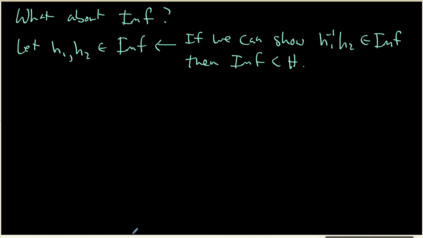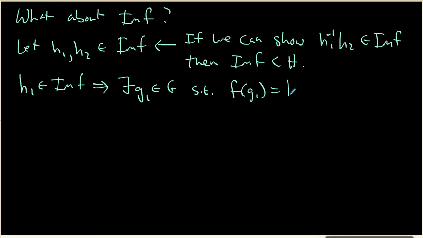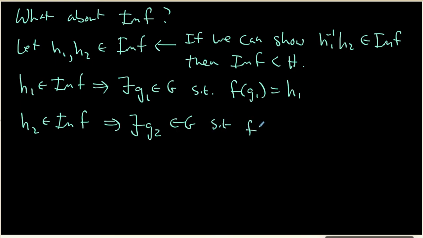Now, again I want to think about what this hypothesis that h1 and h2 are inside the image of f buys me. And again, it turns out that hypothesis is going to buy me quite a bit. h1 inside the image of f says there exists some g1 inside G such that f of g1 is equal to h1. And h2 inside the image of f says there exists a g2 inside capital G such that f of g2 is equal to h2.